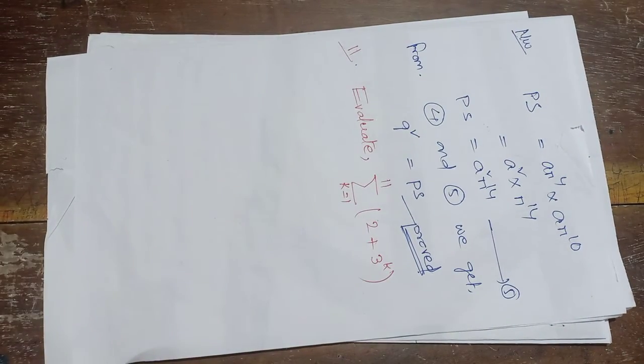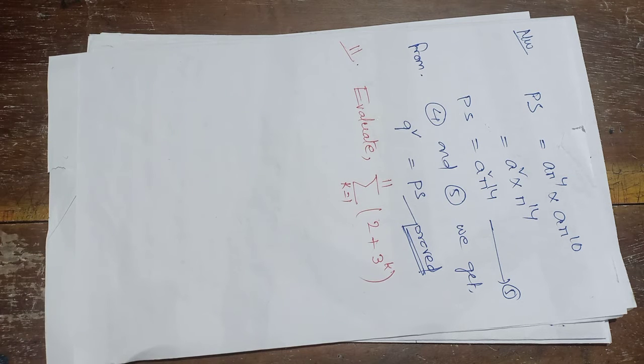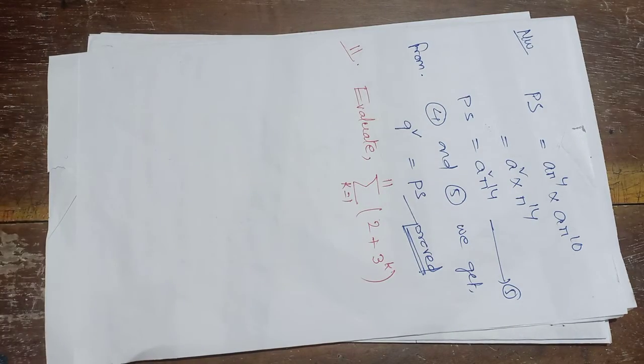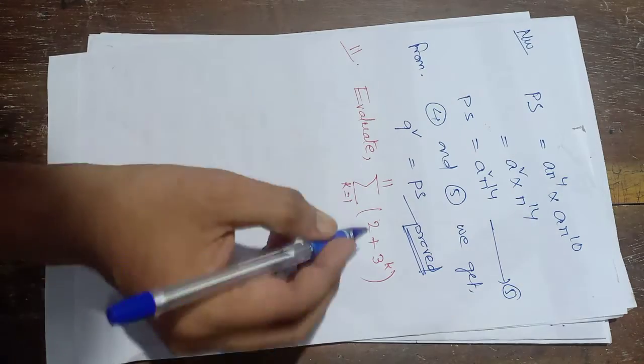So students, I hope all of you know the meaning of summation. Summation means the sum of the terms from the first term to the 11th term, right? So let us expand this one.